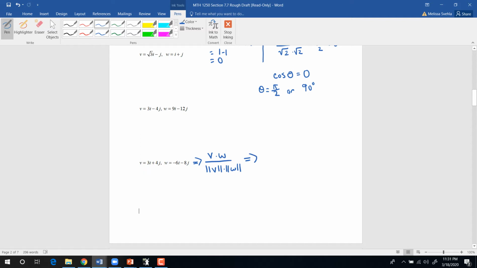Or sorry, let's do the magnitude of each one first. So magnitude of v is square root of 3 squared plus 4 squared. It's going to be 5. The magnitude of w is equal to square root of -6 squared plus -8 squared.